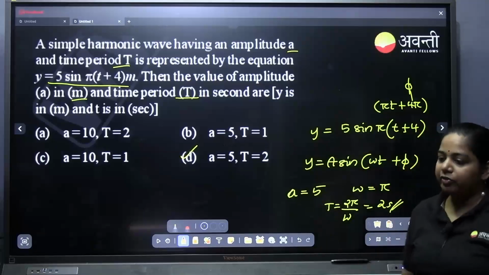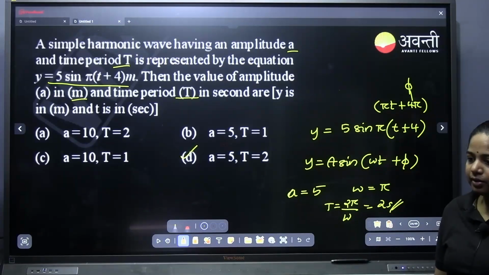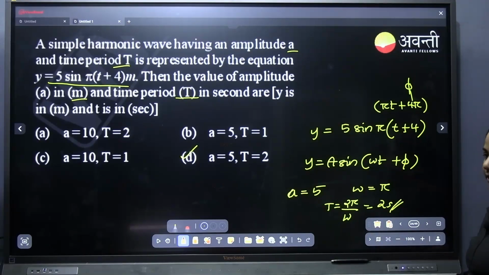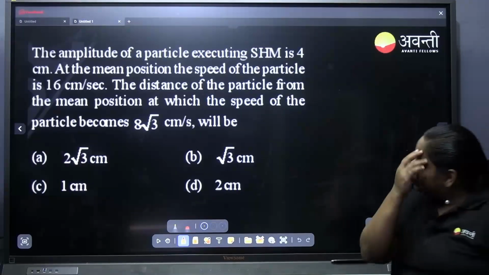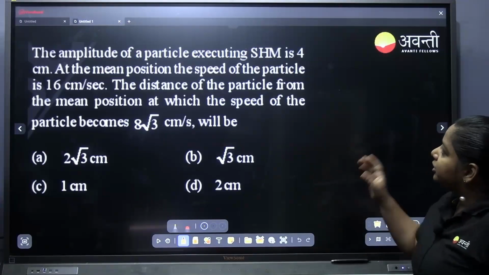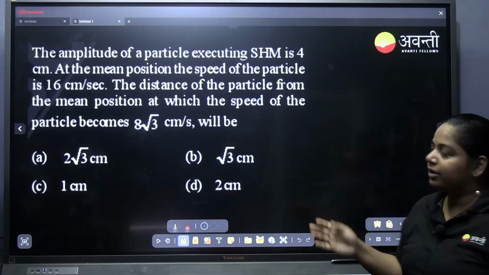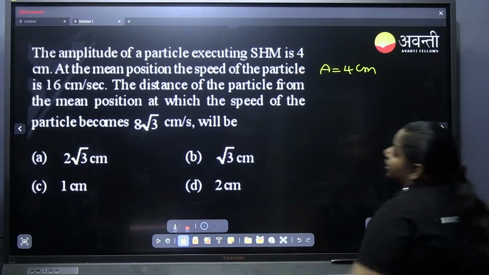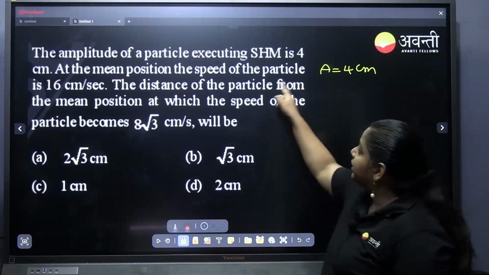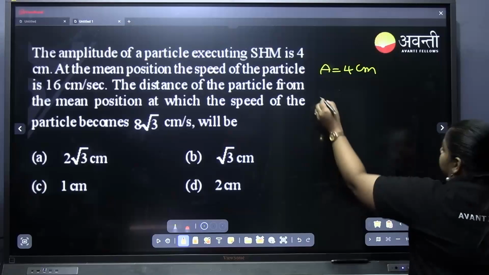Is that clear for all? Okay, so we can move to the next question then. Next one. The amplitude of a particle executing SHM is 4 centimeter. So amplitude equal to 4 centimeter. At the mean position, the speed of the particle is 16 centimeter per second.